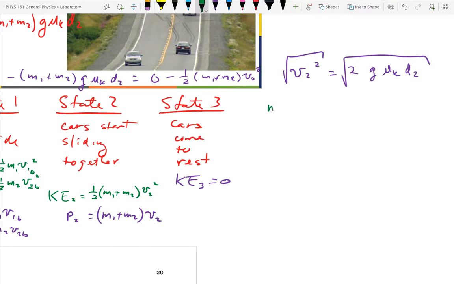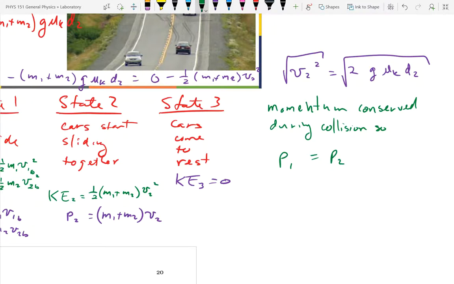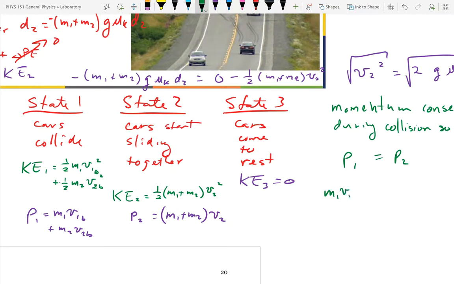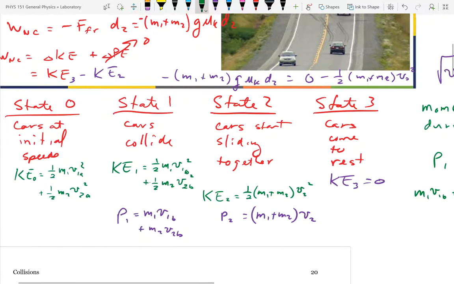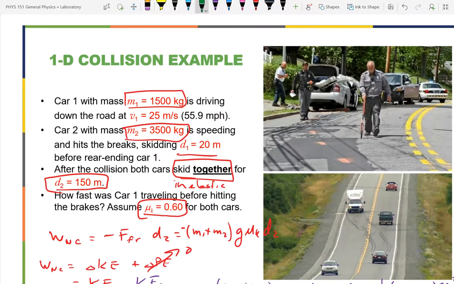So now, we already know V2, and we were given V1B.